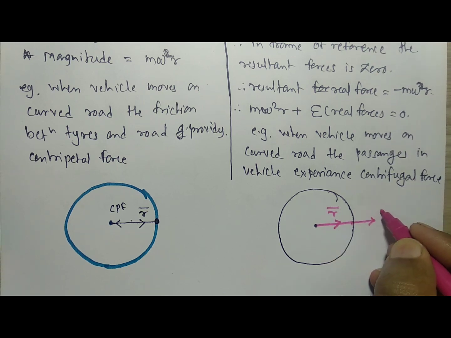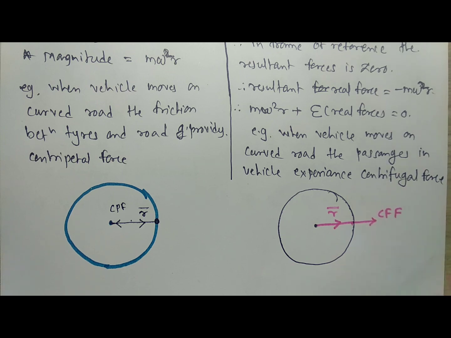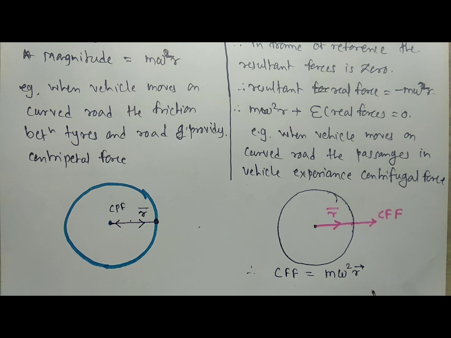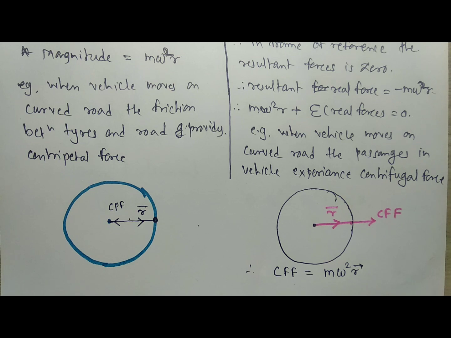So centrifugal force CFF is equal to m omega square r bar. This is the magnitude of the centrifugal force, and those are the equations related to it.